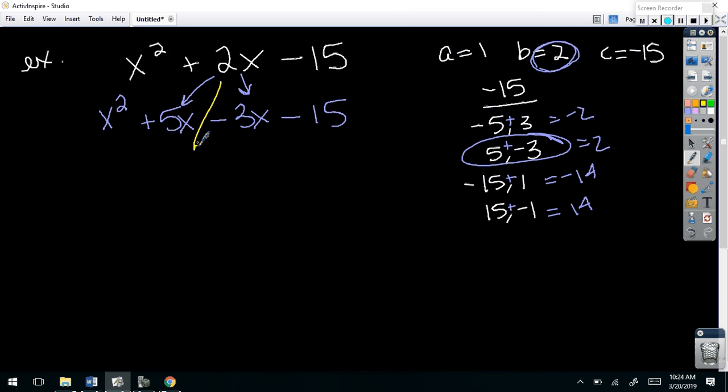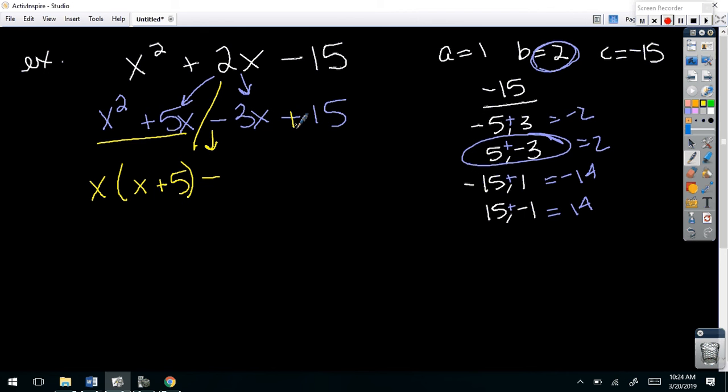What can I take out of the first two? 1x. What's left? Plus, keep going, 5. Minus, because I keep that middle sign, but change the last. Remember, if that's a plus in the middle, you don't have to change the last one.